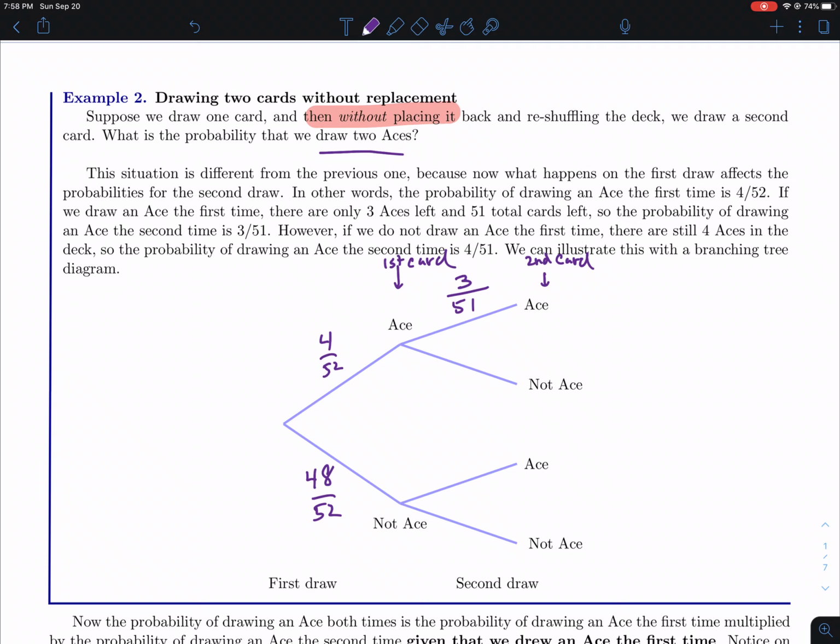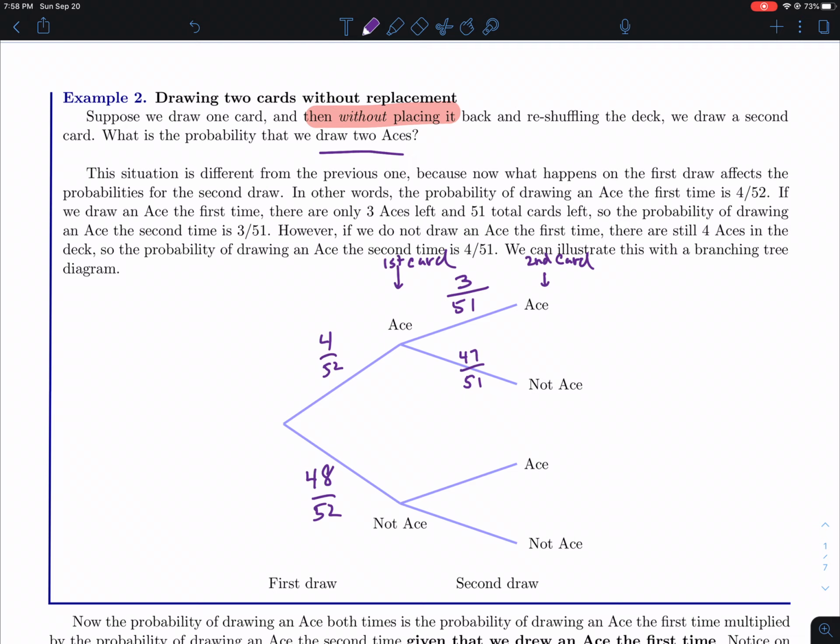And if we did the branch the opposite way and asked what happens if we didn't get an ace this time, what would be the probability? We got an ace the first time, so we're down to 51 cards.